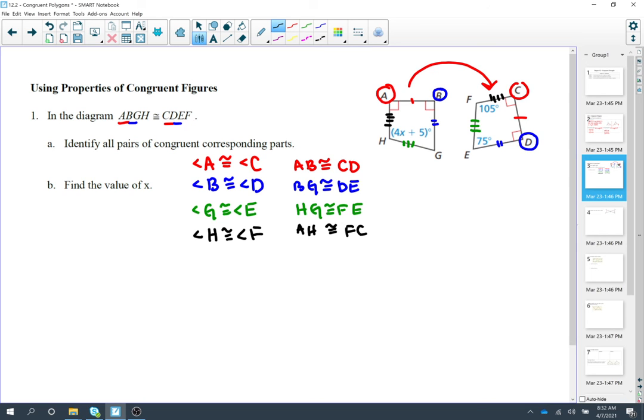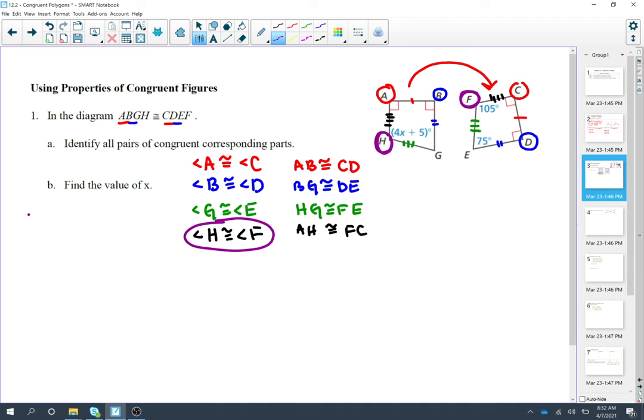Part B, find the value of x. If we look at where x is sitting, it's in 4x plus 5. 4x plus 5 is angle H. I know that angle H is congruent to angle F, and angle F is 105 degrees.